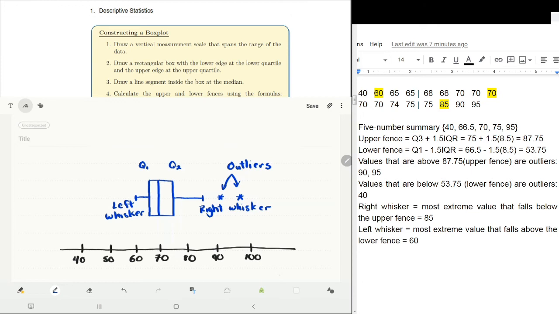And we also had an outlier at 40, so we also have an asterisk at this value. So this is the box plot for the public data set.